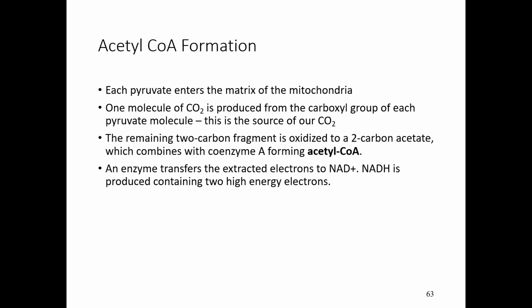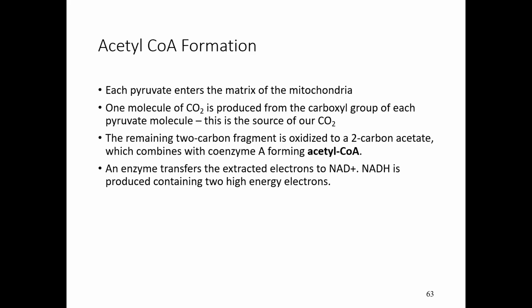When the pyruvic acid goes into the matrix of the mitochondria, it is immediately oxidized. The 3-carbon pyruvate is immediately oxidized to 2 carbons. The 3rd carbon combines with oxygen and goes off as CO2. That's our first molecule of CO2.